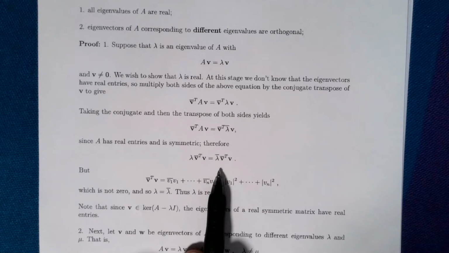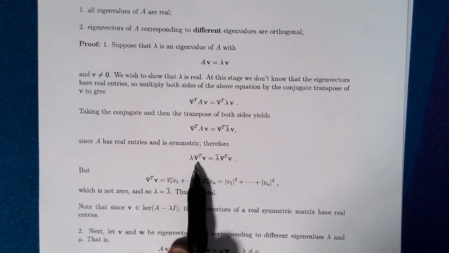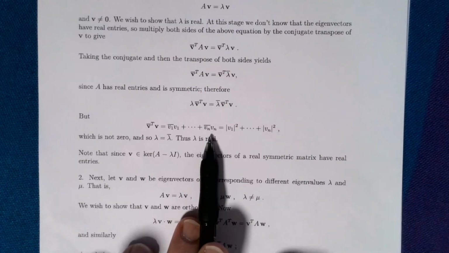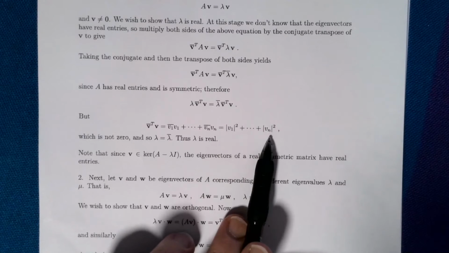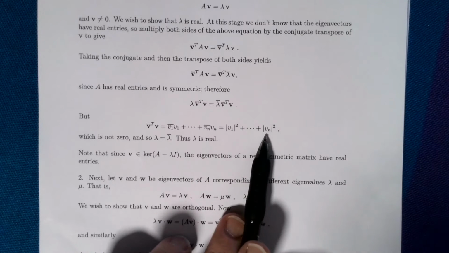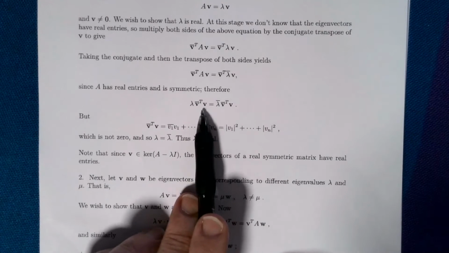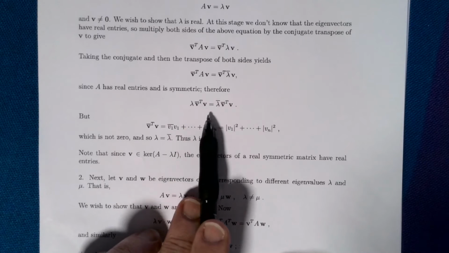And now of course we can take the lambdas out, and V conjugate transpose V is just this, which is our inner product, our normal dot product for complex vectors, which is just the sum of the squares of the components of the vector V. And this thing here is not 0, so that tells me I can divide both sides by this quantity.